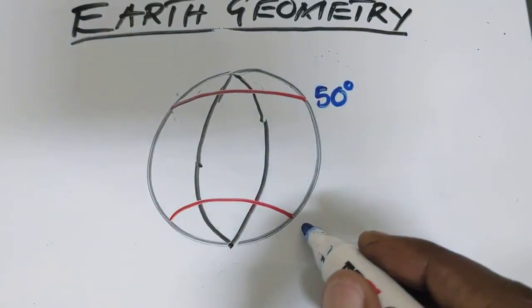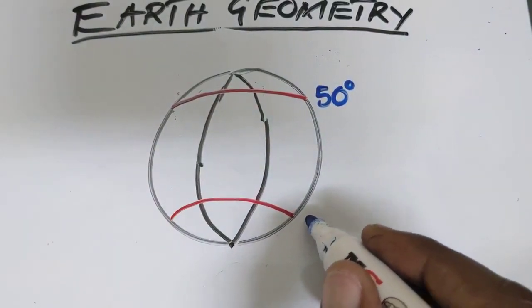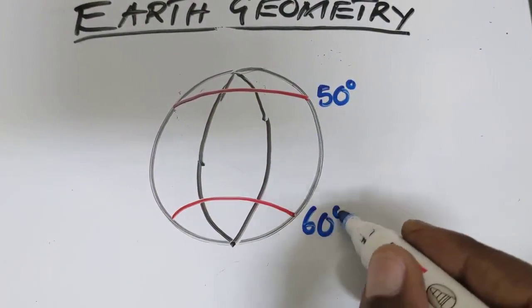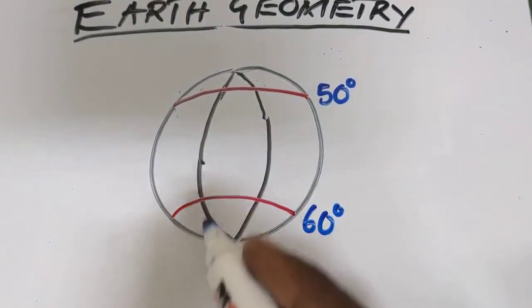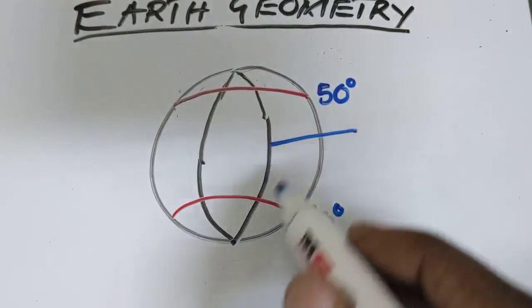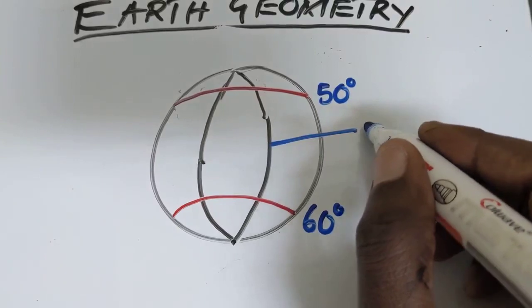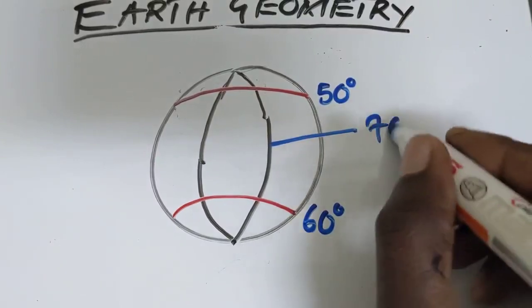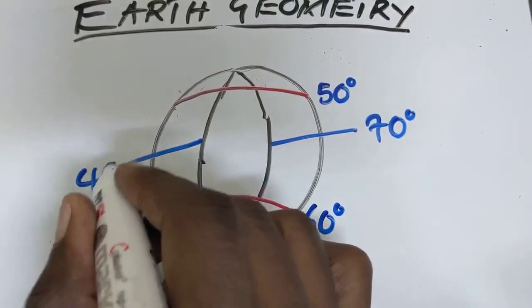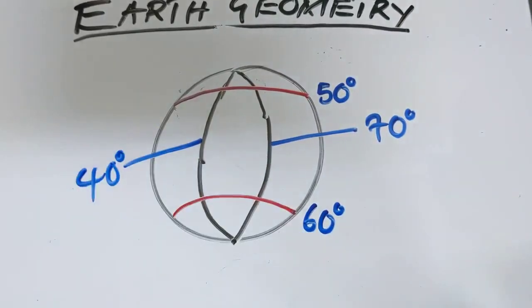Then this one, let's say it is 60 degrees, like that. Then this, okay, that is let's say 70 degrees. This one, let's say it is 40 degrees, like that.